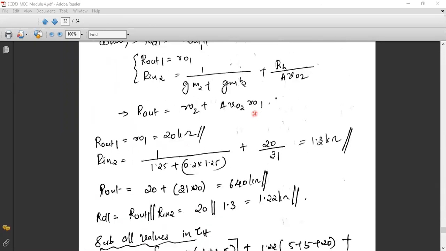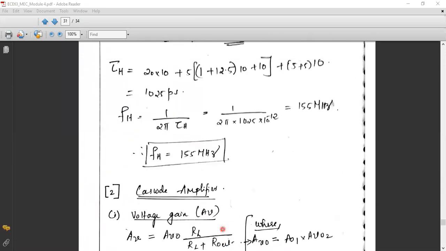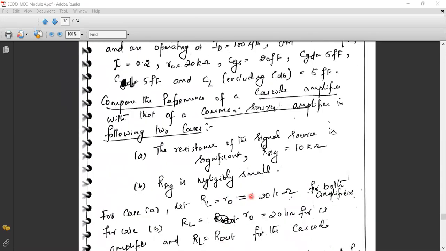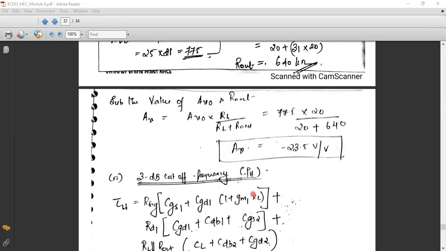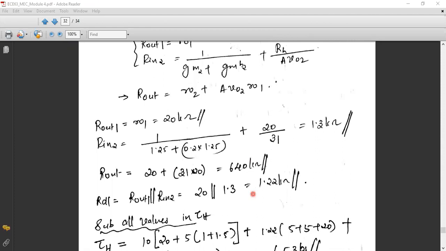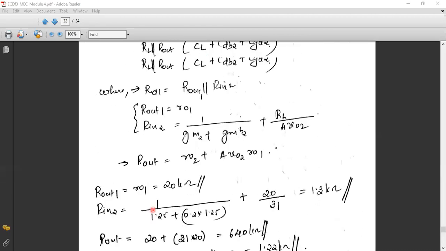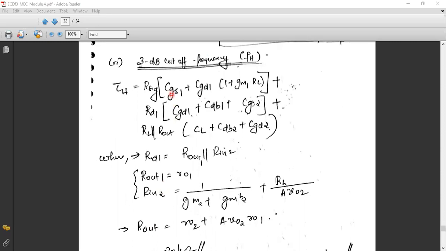RL. What is RL? This is of case A, right? Check your question. For case A, RL is 20. That is what is being written here. The first term, 10 into 10, is R sig into CGS is 20.